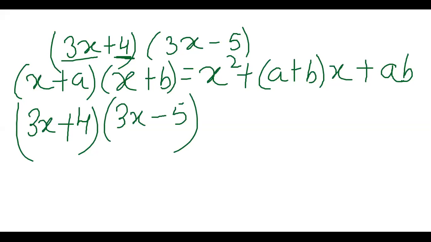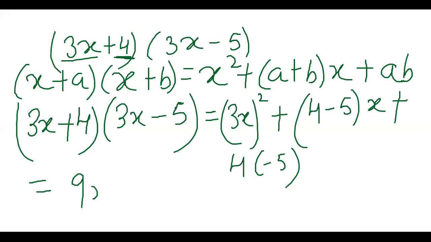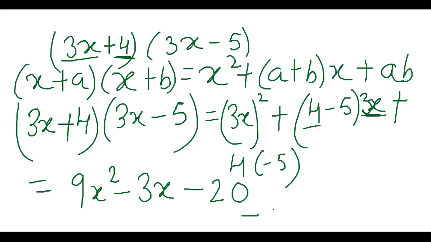So it is equal to (3x) square, we'll put the bracket here, plus (4 minus 5) into x plus 4 into minus 5, which is equal to 3x square means 9x square minus 1x. Sorry, here we will write down 3x. At the place of x, we'll mention here 3x. So minus 1 into 3 is minus 3x, minus 20. This is the answer here.